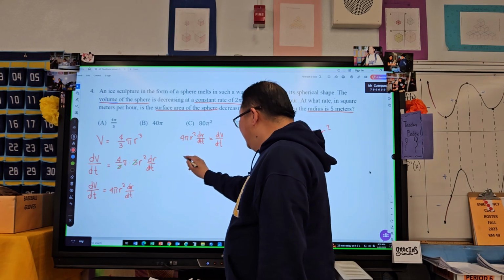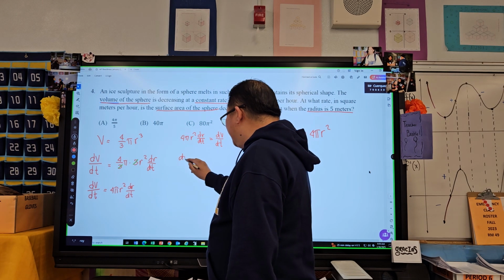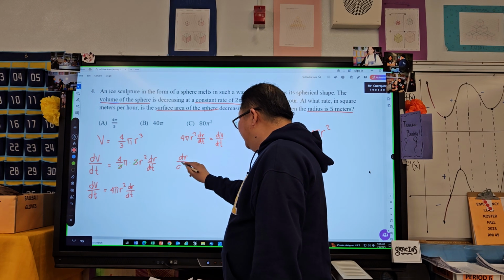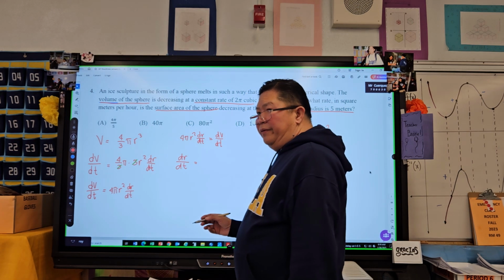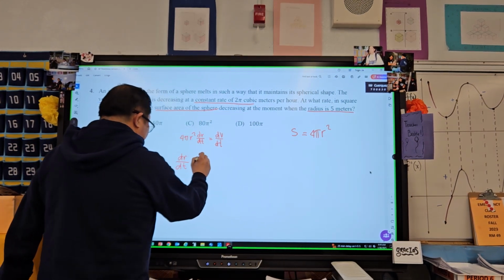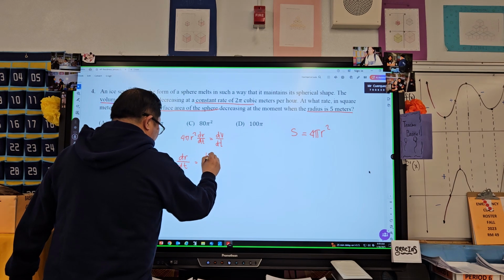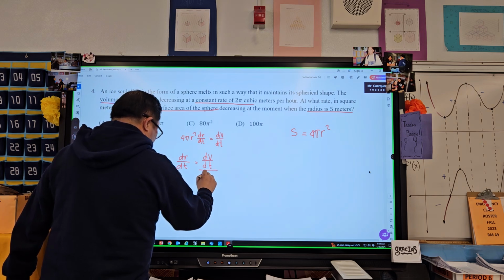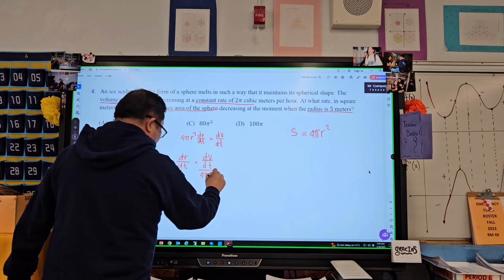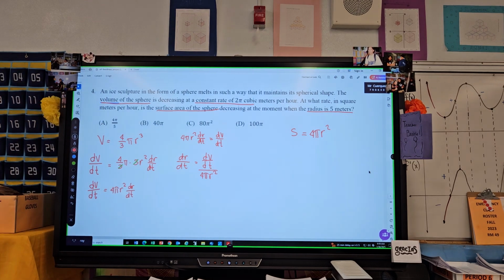So, solving for dr dt, it is now equal to dV dt over 4 pi r squared.